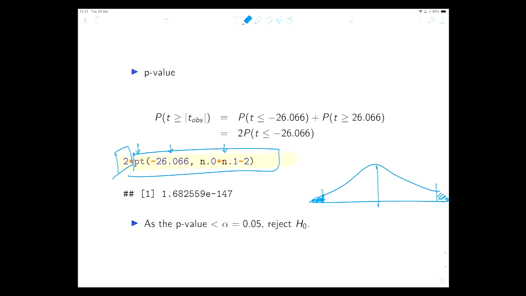After you've done that, you'll notice that the p-value is fairly small. It's almost equal to 0. It's 1.68 times 10 to the power of negative 147, which is basically a series of 146 zeros followed by this number. You can just treat this as being equal to 0.